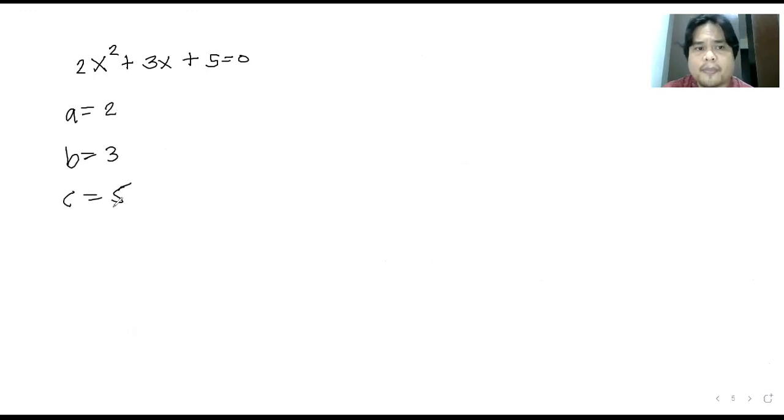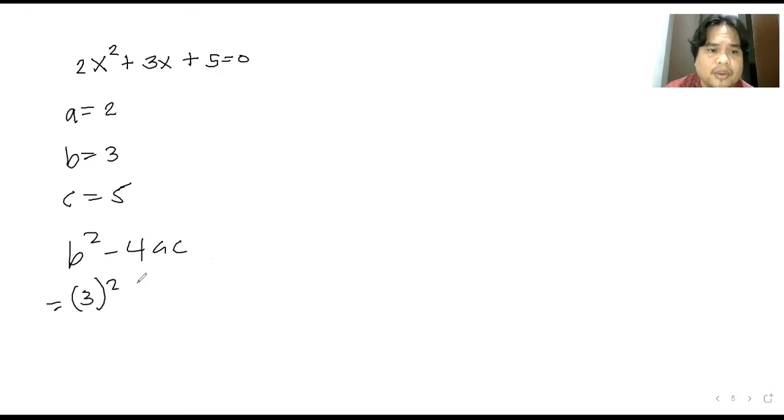Then substitute all of those values in this formula. B being 3, square that, minus 4 times A, which is 2, times C, which is 5. 3 squared becomes 9, minus 4 times 2 is 8, 8 times 5 is 40.